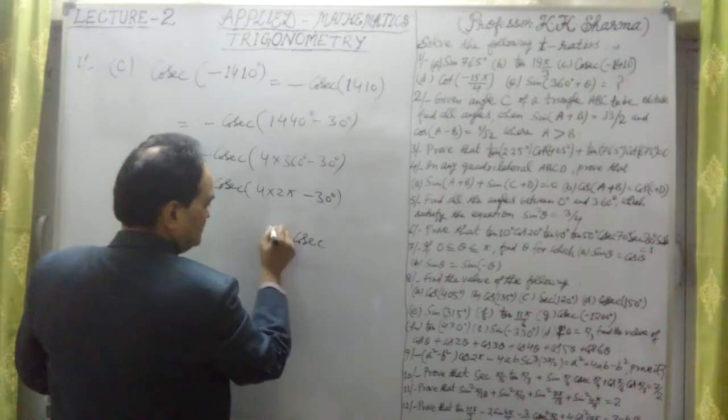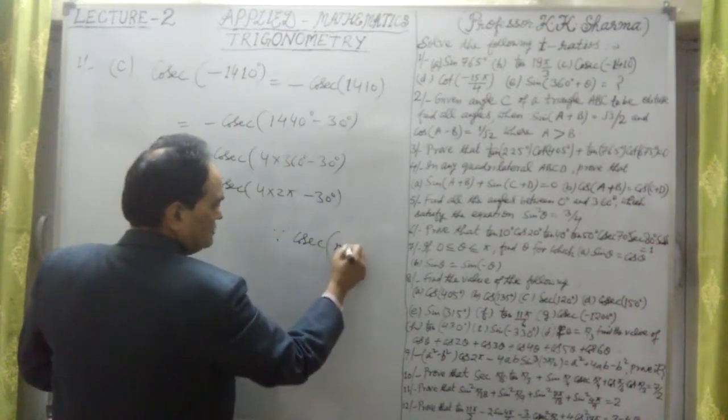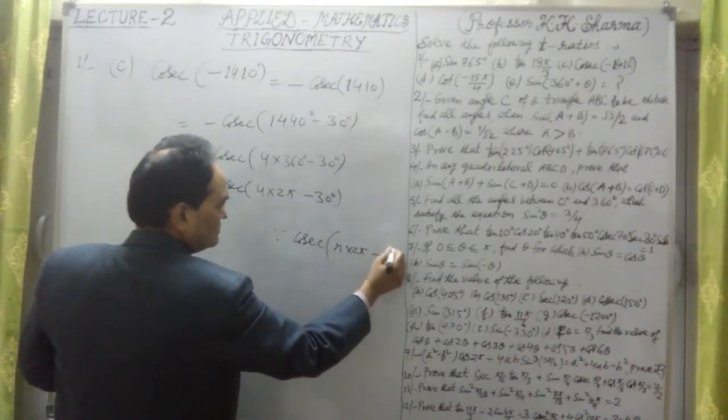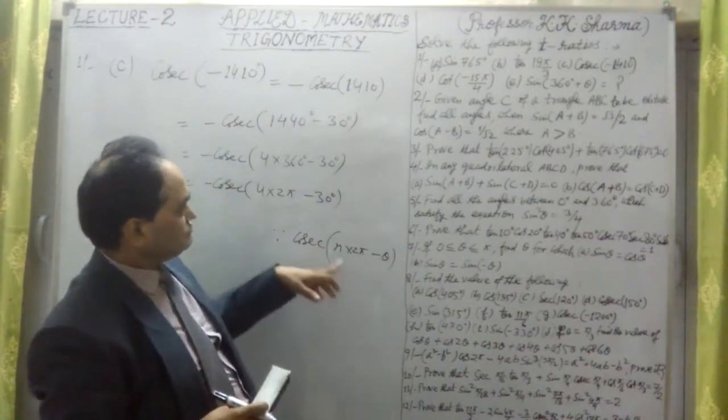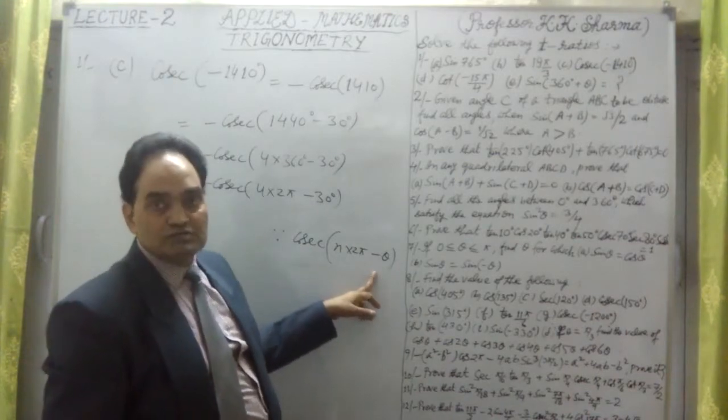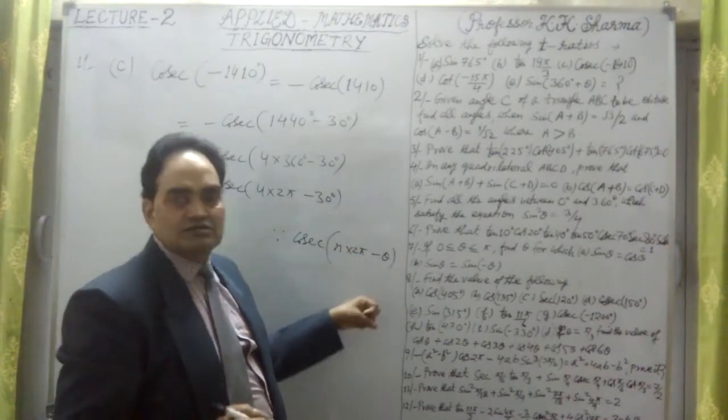We know the formula for cosec of n into 2 pi minus theta. This is the 4th quadrant, because it is 360 degrees minus theta.